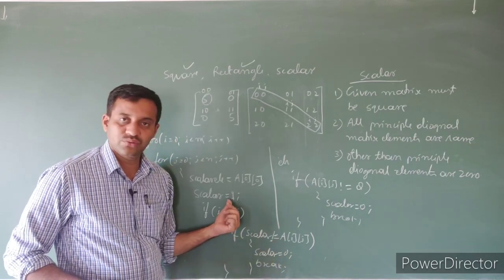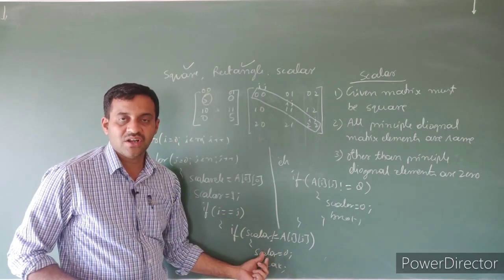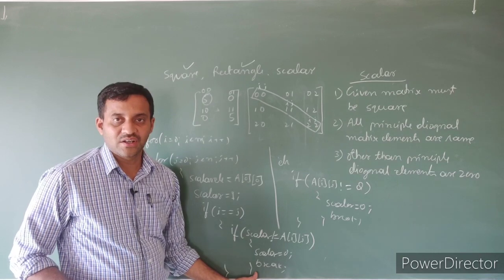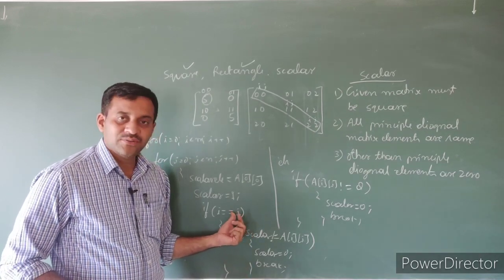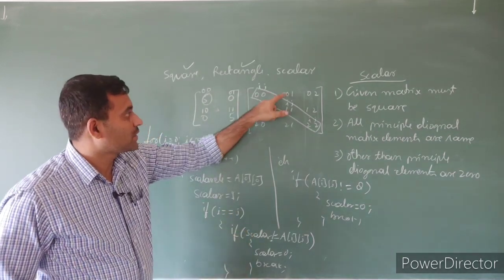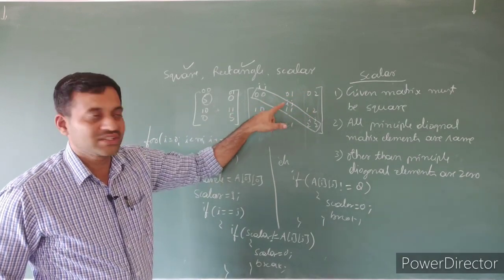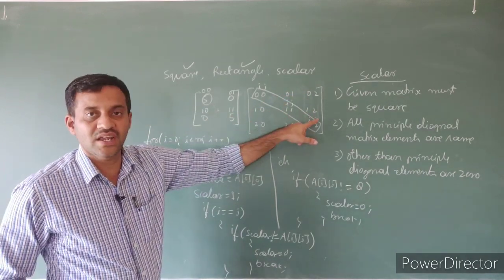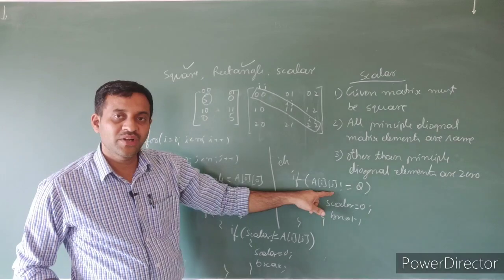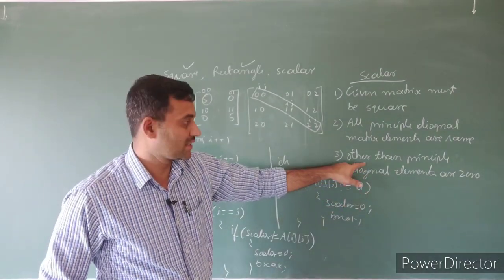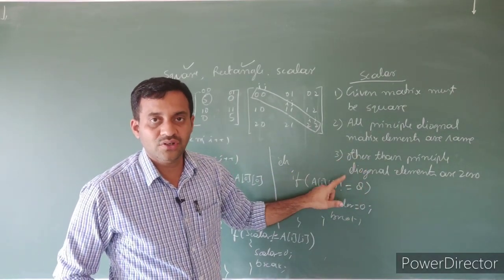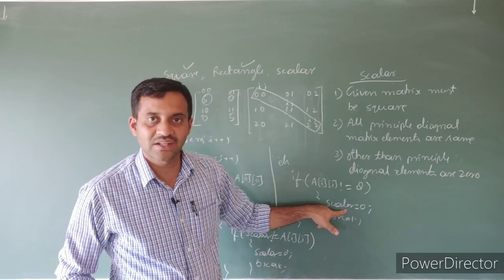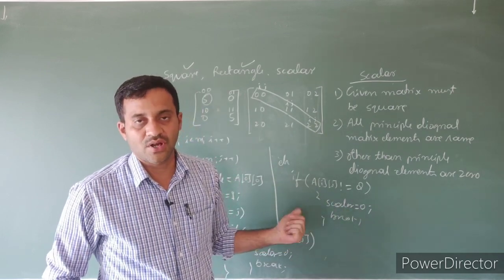Here we say true, 1 for true, our assumption is wrong, stop the iteration. If this condition is false, i is not equal to j means it represents elements other than the principal diagonal. See here, i is not equal to j. If elements other than the principal diagonal are not equal to 0, that is condition 3, then also the given matrix is not a scalar; scalar equals 0, stop.